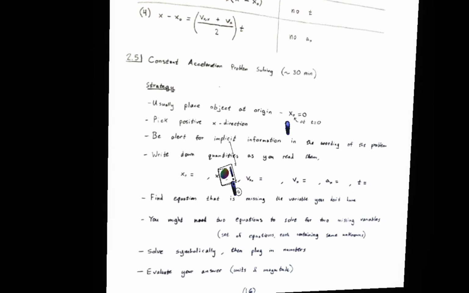So, problem-solving strategies here. When you come across a problem, you might feel a little lost as to where to start or what you need to do. So usually you'd place the object at the origin, so x naught equals 0, right? That's why earlier I expressed equation 4 with x naught just being 0.